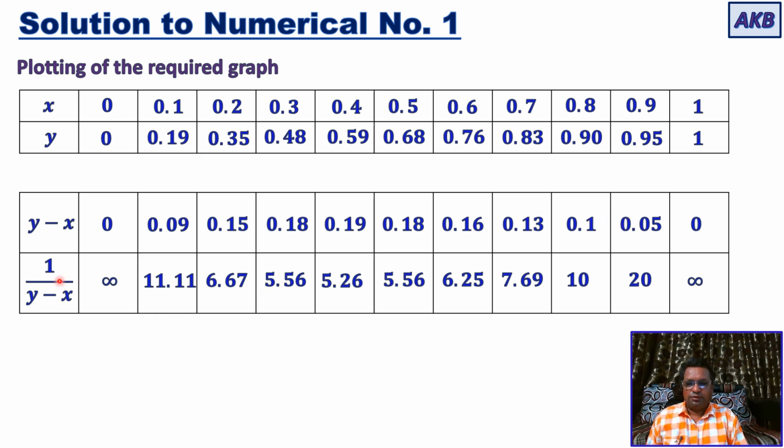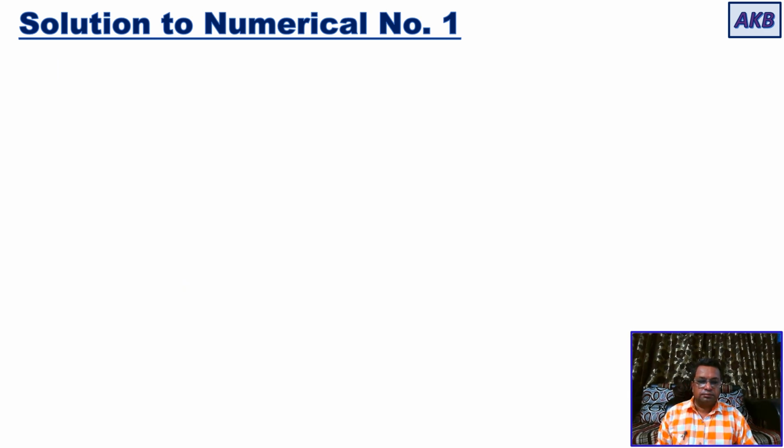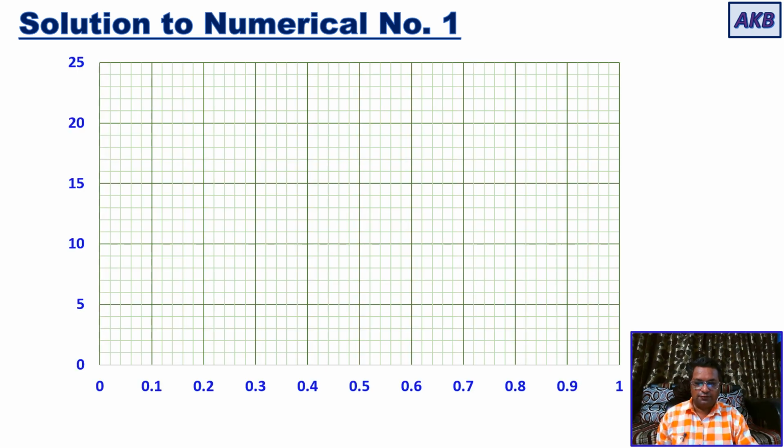Okay, now we have got all these values of 1 upon y minus x. Now our task is to plot x on the x-axis and 1 upon y minus x on the y-axis. Okay, so let us plot the graph.